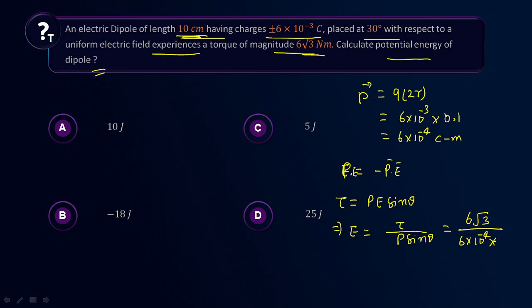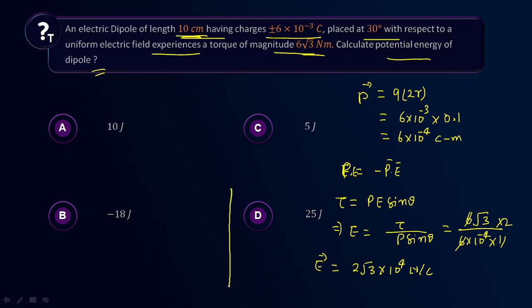Sine 30 is how much? 1 by 2. So now 6 we can cancel. So now E is equal to 2 root 3 into 10 to the power 4 newton per coulomb. Yes or no? Not clear?